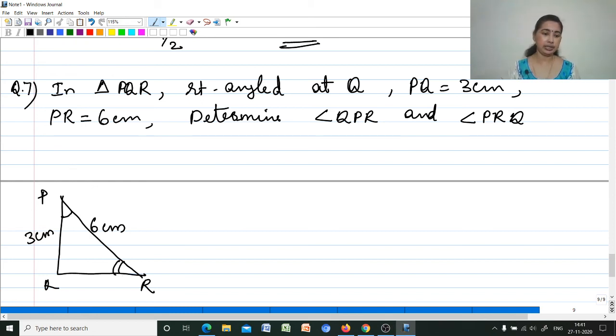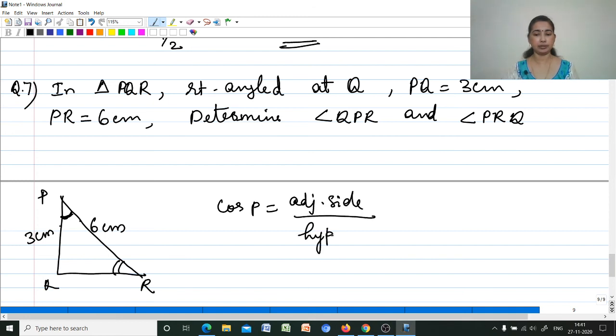For this angle, if I am considering, its adjacent side is PQ and hypotenuse is PR. Adjacent by hypotenuse is cos. So, from this figure, cos P can be written as adjacent side divided by hypotenuse.